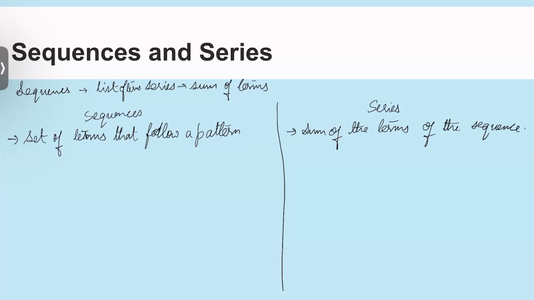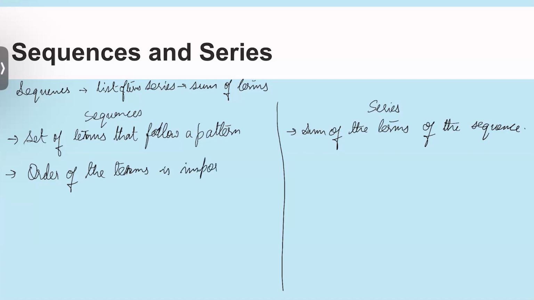Now the next one is the order of the terms. In a sequence, the order in which the terms are written is important.